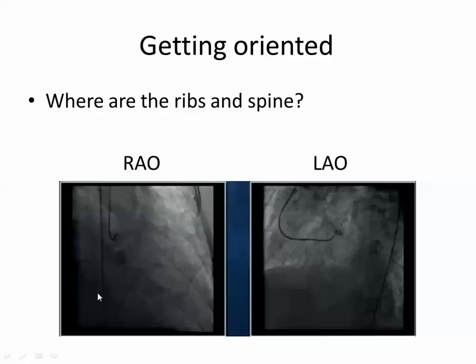If you put your left hand, you can't catch it, it's a malalignment. So if you catch it with your right hand, it's RAO. If you catch the spine with your left hand, it's LAO.